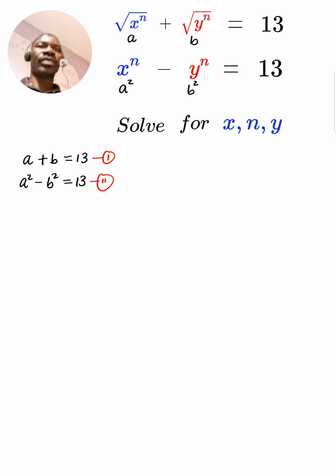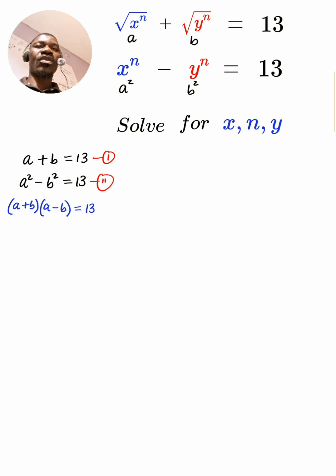And if you take a look at this, you see this is the difference of two squares. That implies a plus b, into a minus b, gives us 13. Take note that from equation 1, a plus b equals 13, so we can plug in 13 for a plus b in this equation.